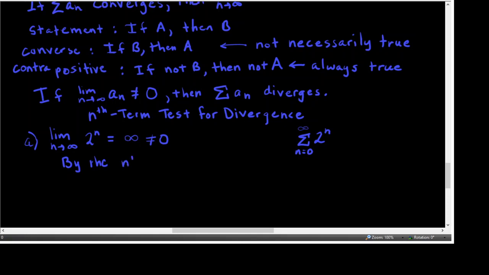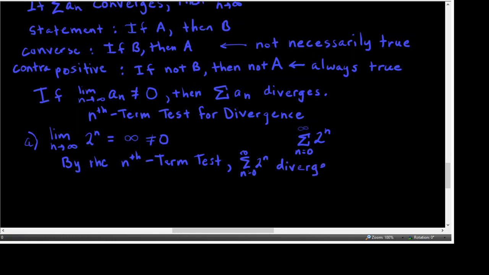Up above is what the full name is, but we'll just let you get by with saying by the nth term test, the series sigma n equals 0 to infinity of 2 to the nth diverges.